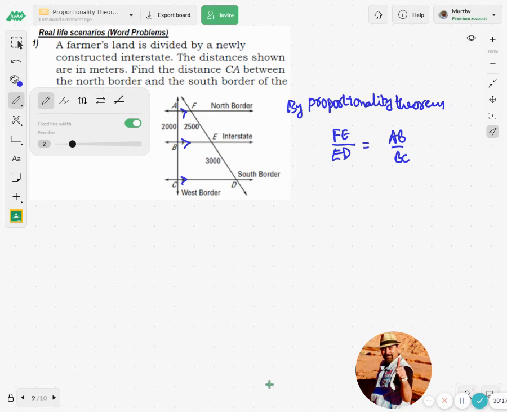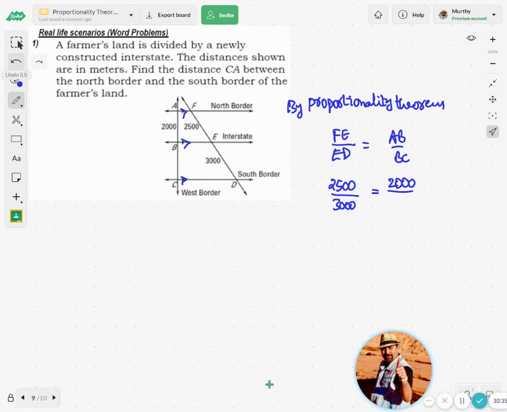Okay, so FE is 2500, ED is 3000. You can see these numbers from the diagram. Then AB, I see that it is 2000 meters, and BC is not known. So let it be BC, or you can take X. As you know that we have to go at this point for cross multiplication. So when I go for cross multiplication, you know what to do.